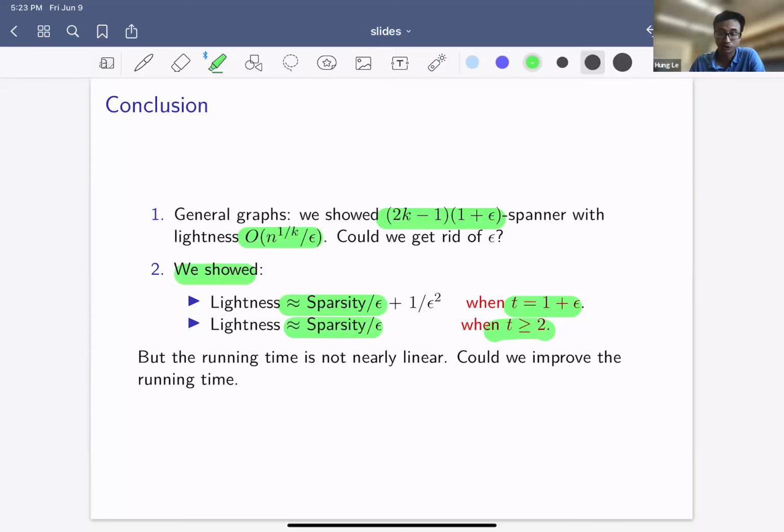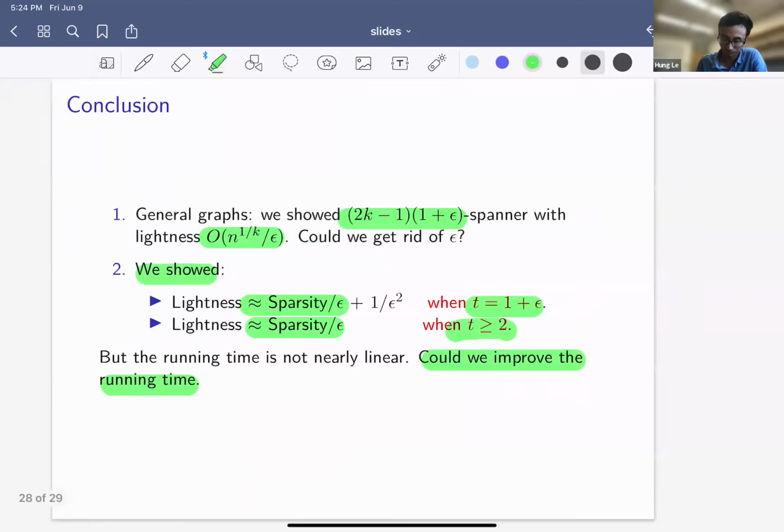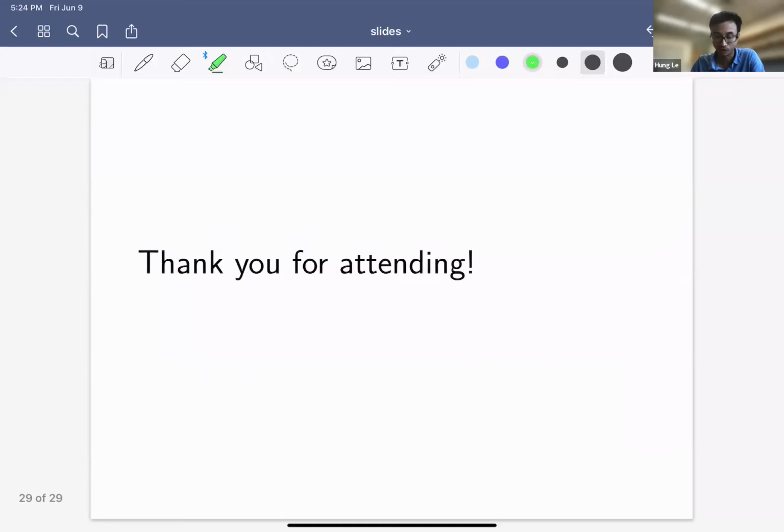We have a fast construction, but in the lightness we lose more than a 1 over epsilon factor. In fact, in the lightness construction, we lose probably 1 over epsilon cubed. And so the question is, could we improve the running time of the algorithm that obtains this precise relationship between sparsity and lightness? And thank you for attending my talk.